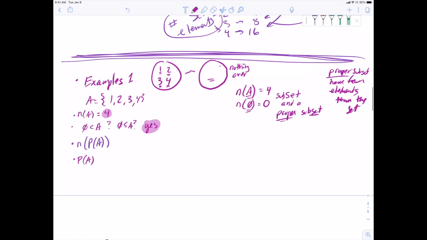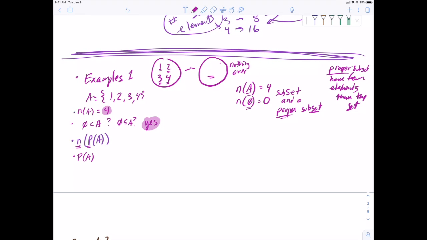Okay, so now what is the number of elements? This is kind of tricky, right? I'm asking 2 things. I'm saying take the power set of A, and what is the number of elements in the power set? Well, remember from our earlier discussion, the number of elements in the power set of a set is 2 to the number of elements in the set.